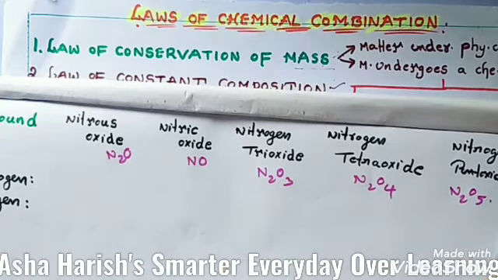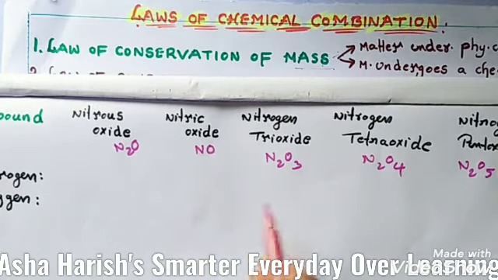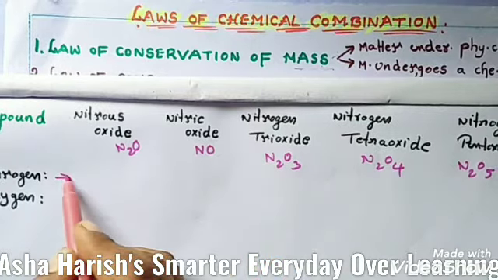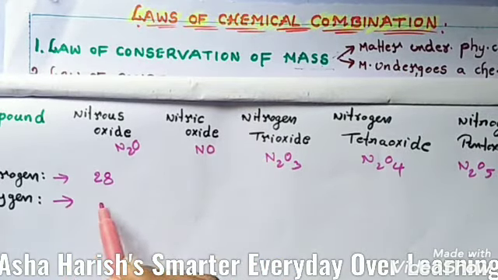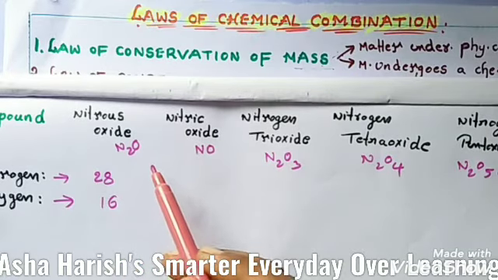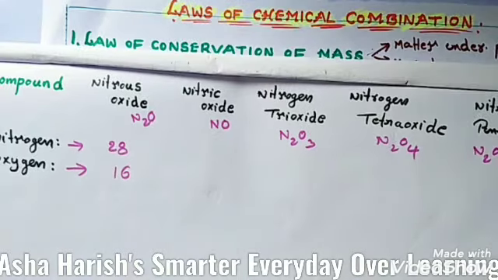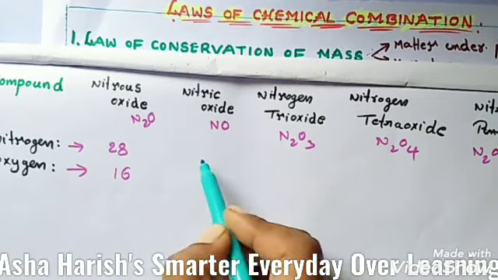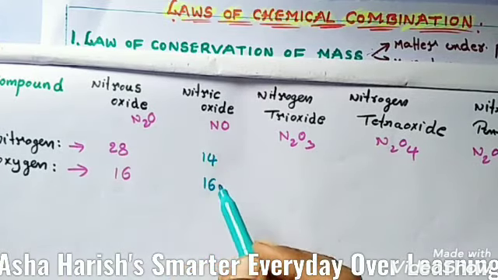N2O5. Here nitrogen and oxygen are the two elements present. In nitrous oxide, nitrogen is 28 and oxygen 16 by mass, because there are two nitrogen atoms and only one oxygen atom. In nitric oxide, NO, nitrogen by mass is 14 and oxygen, one atom, is 16.